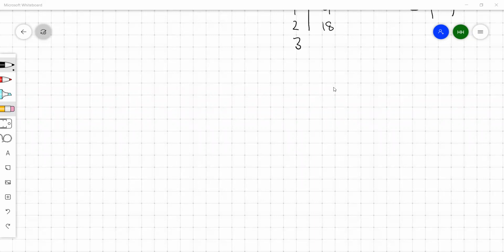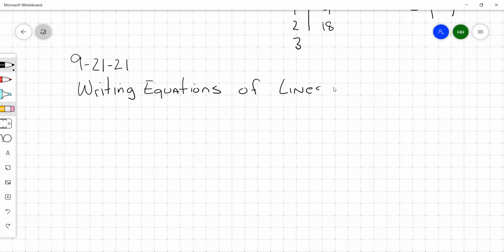All right, today you're going to be writing equations of lines. And you're going to be writing, let's see, two types of equations, I believe.